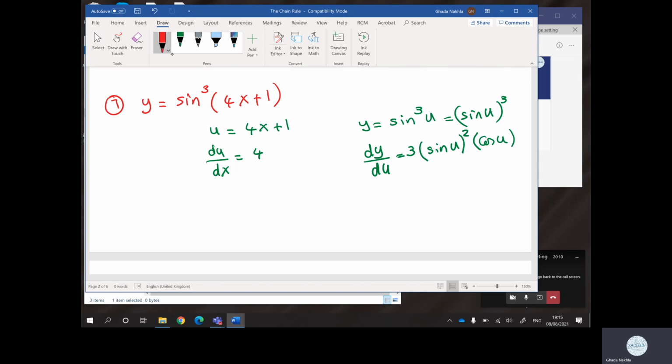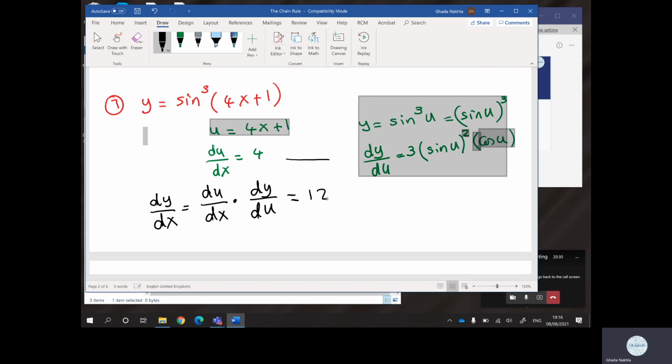Okay, where's my answer? My answer is always the bottom line here. So dy by dx is equal to du by dx multiplied by dy by du, which is basically 4 multiplied by 3, which is 12, sine u, and u is 4x plus 1, multiplied by cos u, and cos u is cos 4x plus 1.